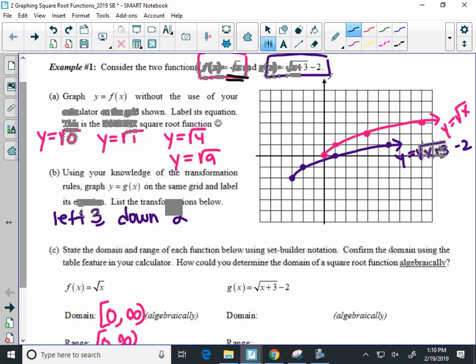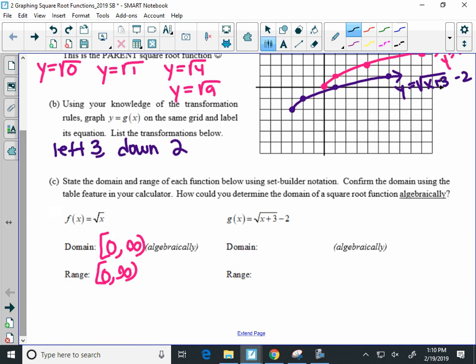Can I have a positive under a square root? Can I take the square root of 0? Yeah, I did it right here. And can I take the square root of a negative? No. Technically there's an i, but in the real number system, no. So remember the inequality we would write? We would take what's underneath the radical right here, that x, and what did I put in between that and 0?